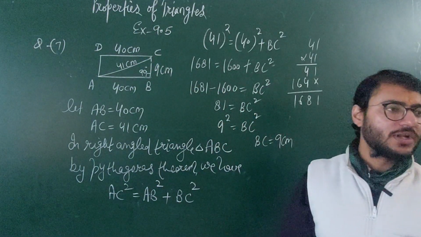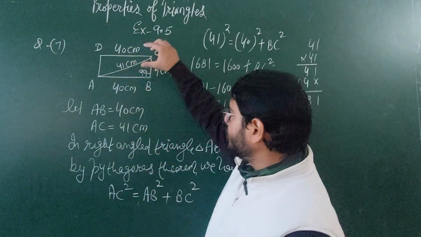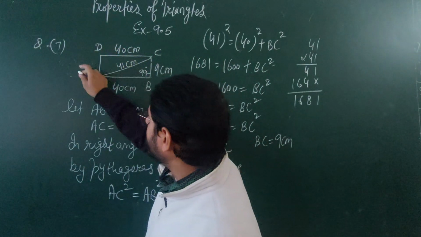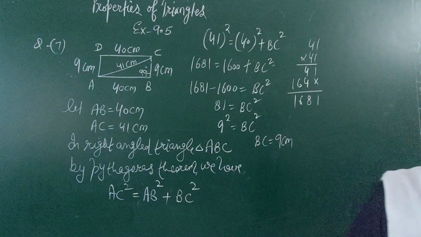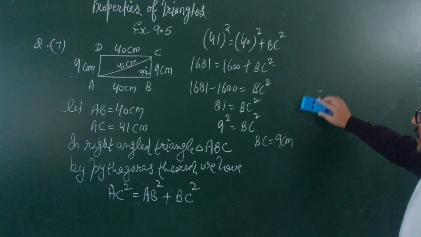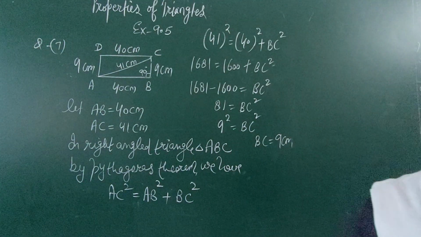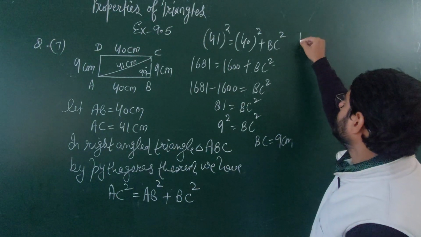And by the property of rectangle, opposite sides of a rectangle are equal. If BC is 9 centimeter, then AD will also be equal to 9 centimeter. And finally, now we are in the position to calculate the perimeter of the rectangle. Now we will write down the formula to calculate the perimeter.